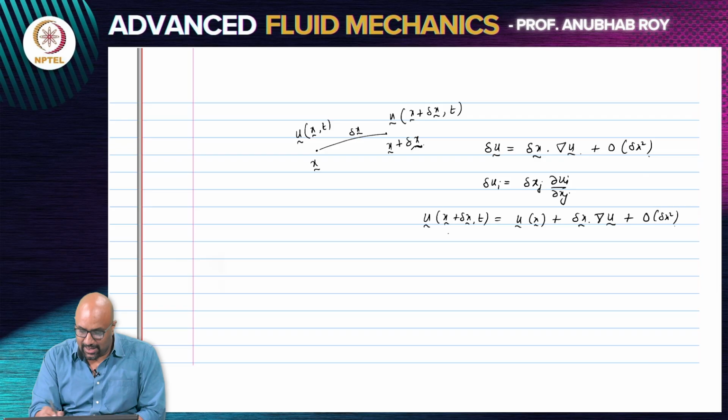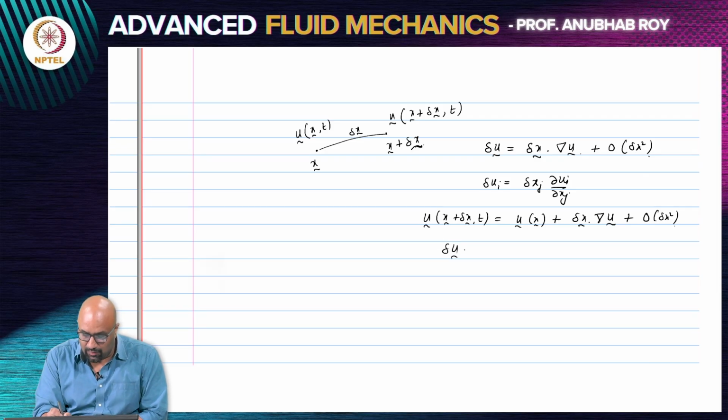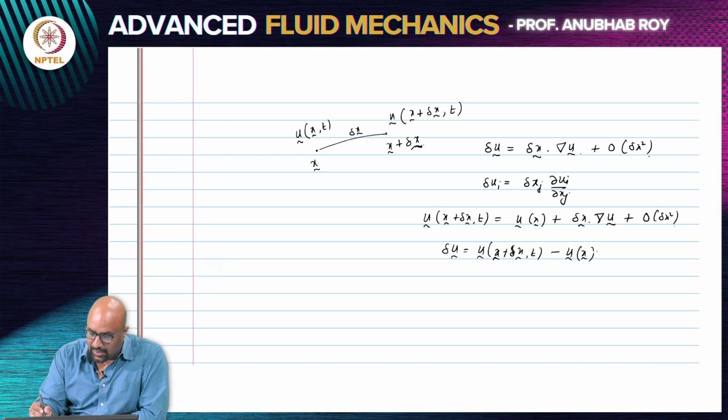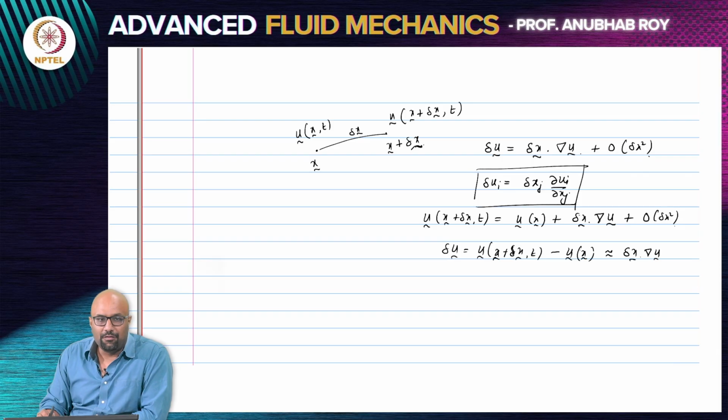So what we have said is that the difference of the two velocities, as delta x becomes small, can be approximated as delta x dot del u. This is the difference of velocity between two infinitesimally separated points.